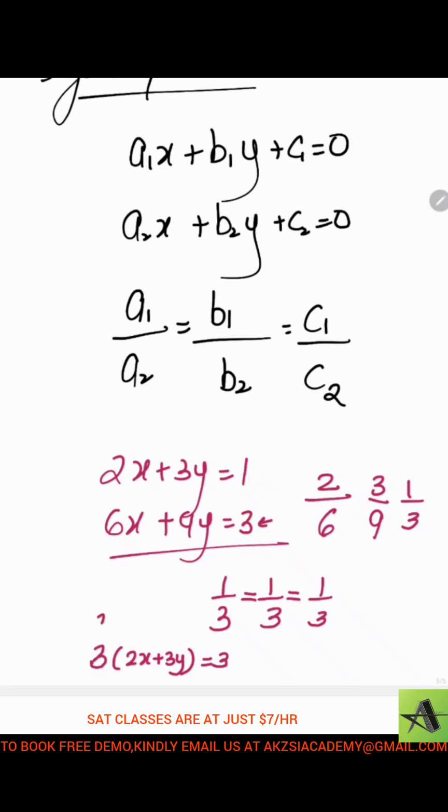And our first equation is 2x plus 3y equals 1. So I need to substitute this value. 2x plus 3y is 1, so I'm substituting it here. 3 into 1 equals 3. That means 3 equals 3. So yes, we cannot get the unique solution in this case, but at least this exists.